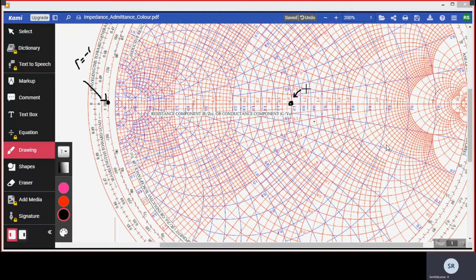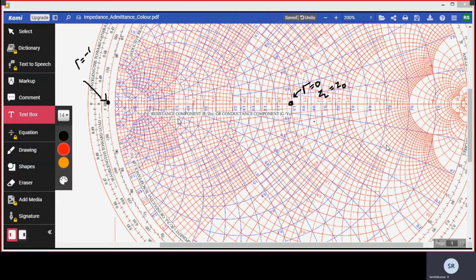The center value, reflection coefficient equal to 0. That is, load impedance equal to characteristic impedance Z naught.